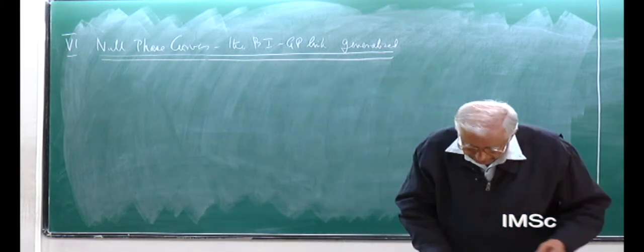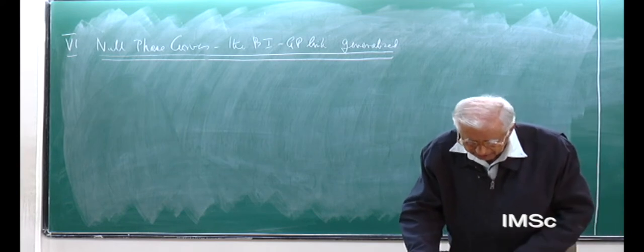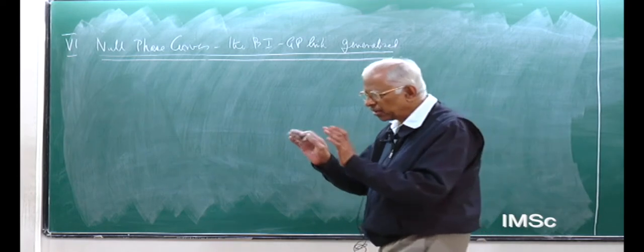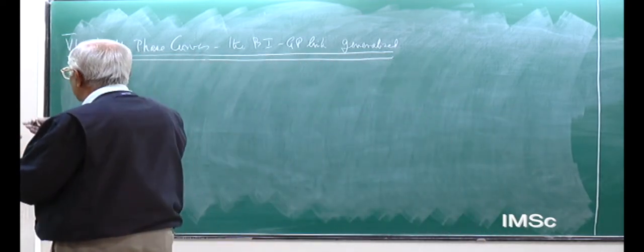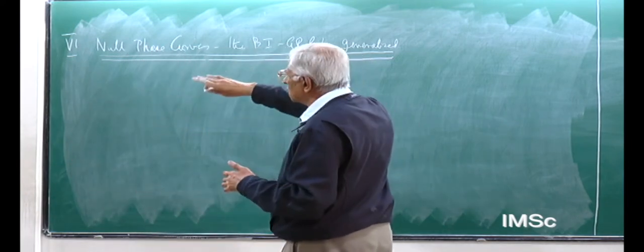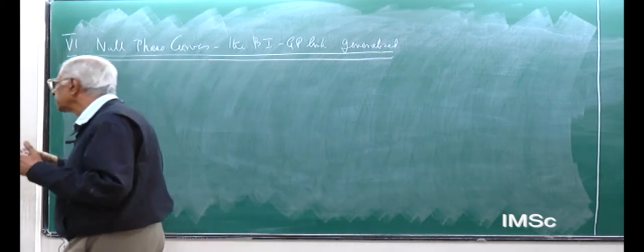I have all the details of their calculation given explicitly in the notes, but I will omit those because I will just show it as an example of this room for extension, and then tomorrow I will tell you in more detail what these null phase curves are, what role they play.